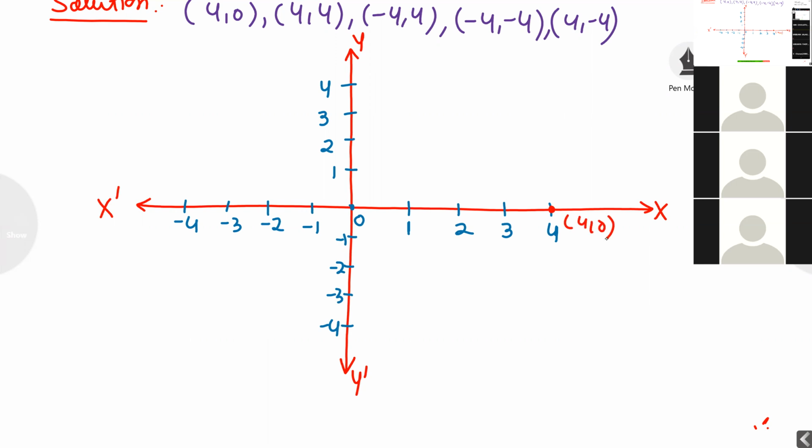Next 4 comma 4. x is 4, y is 4. Next minus 4 comma 4. x is minus 4, y is plus 4.